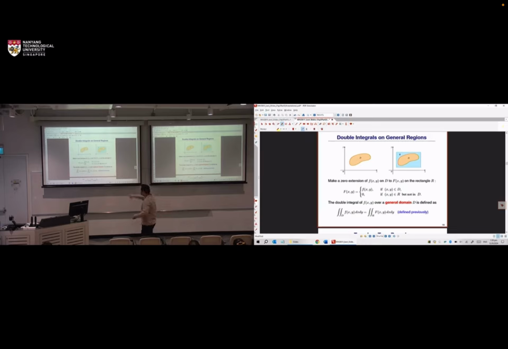So you box it in a rectangle, then you make this kind of statement: if it's inside the domain D, you use the formula. If not, you put 0, because there's no actual area.